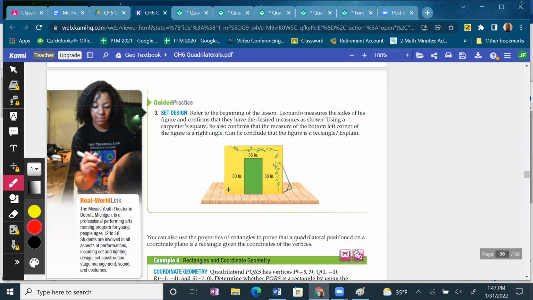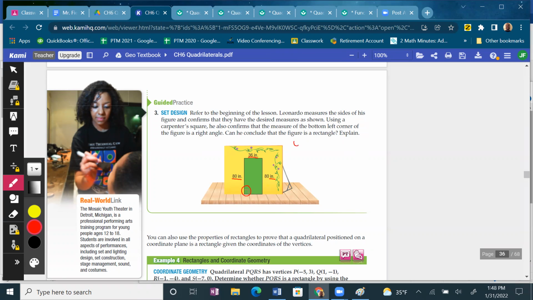Okay, so he used a carpenter's square. He measured the sides, and so do we know that this is a rectangle? Well, we know that if a parallelogram has one right angle, it has 4, right? And we know that a shape with 4 right angles is a rectangle, right?